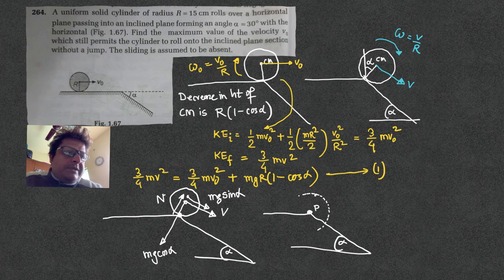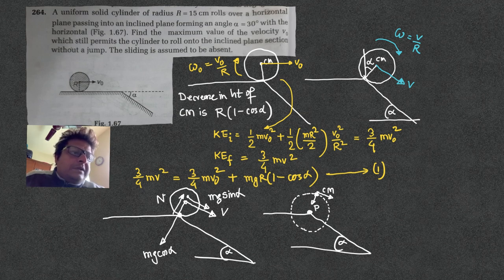Say this point P is the center of the circle, and the center of mass is moving in a circular path. Now, so in circular motion there are two accelerations, radial and tangential. So we'll go for the radial acceleration because that is convenient for us. Here the normal reaction equal to 0.